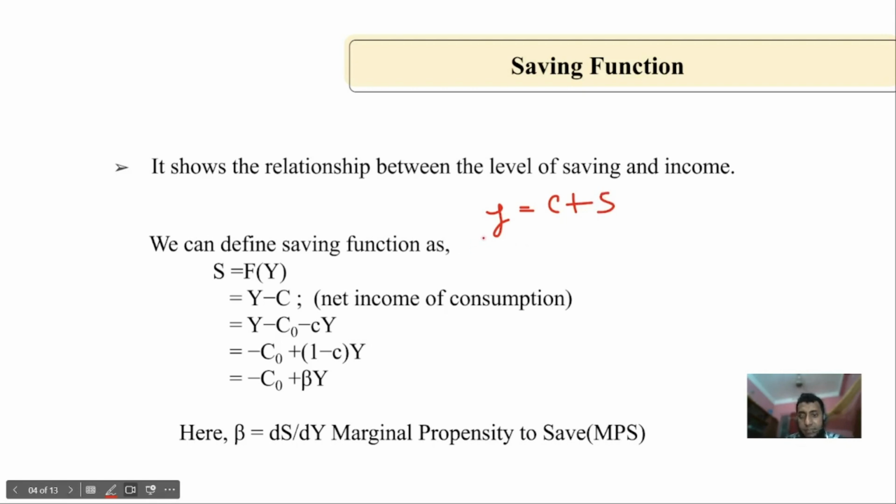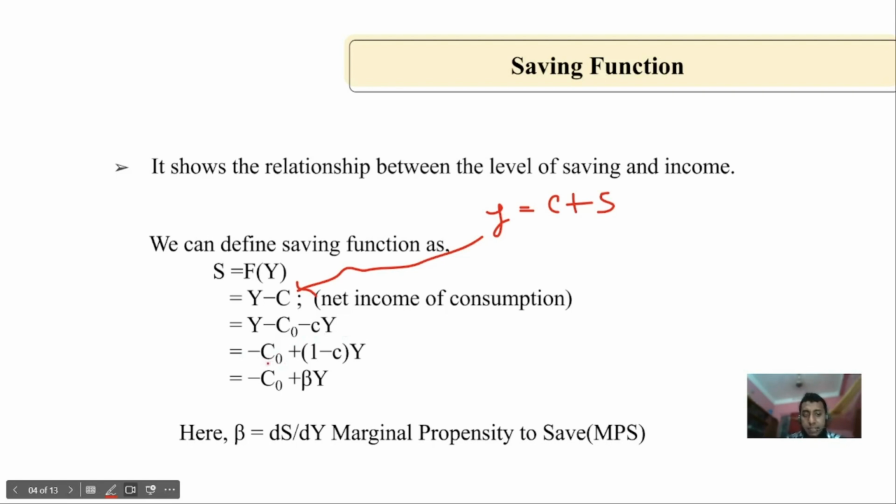Then we rearrange it and we can get S equals Y minus C. So we find S equals Y minus C naught minus cY, because the consumption function equals C naught plus cY.